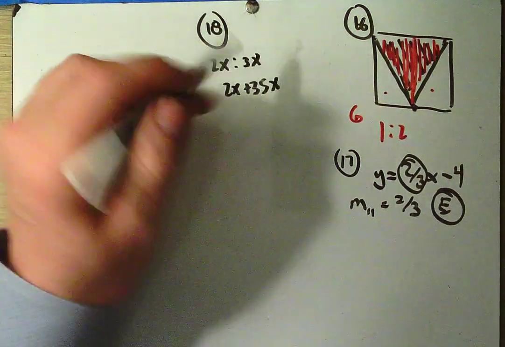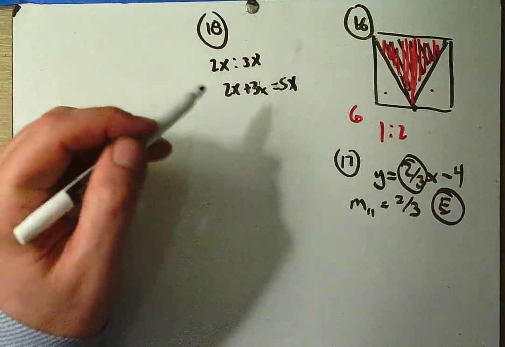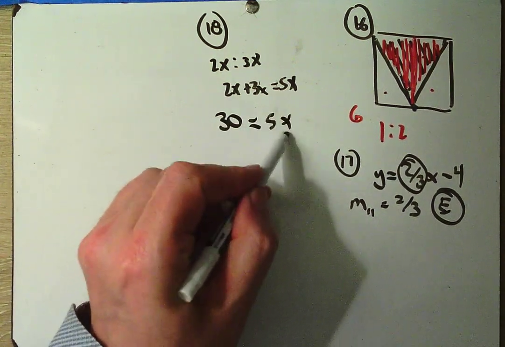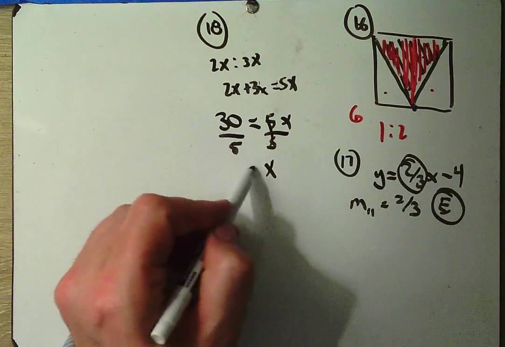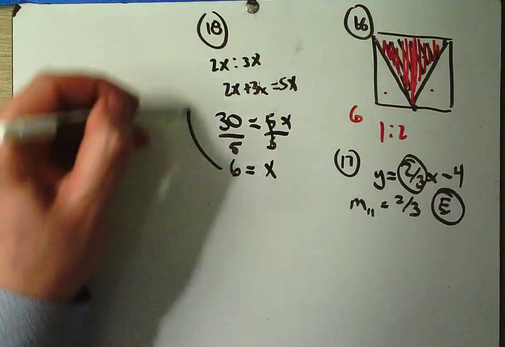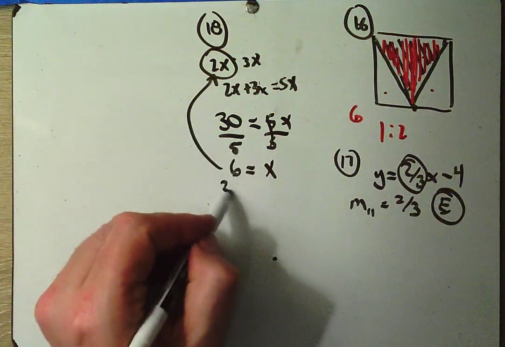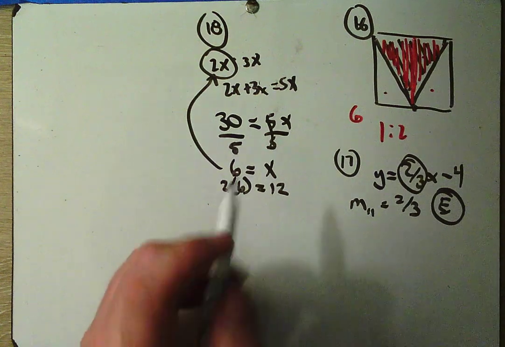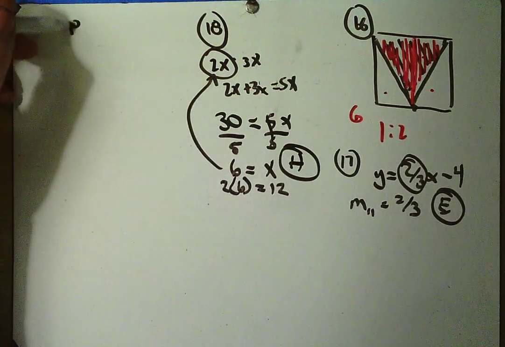That's a total of 5x. And so I'm saying 30 is to 5x. If I divide both sides by 5, I get that x equals 6. So I'll go back up here to the shorter board, which is 2x. 2 times 6, or 12. So I get H for number 18.